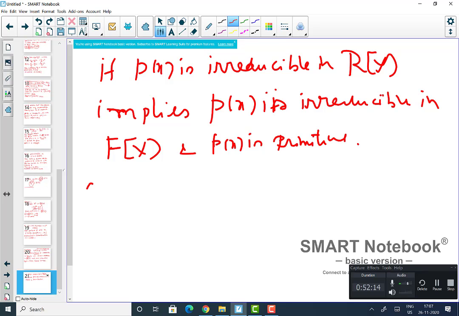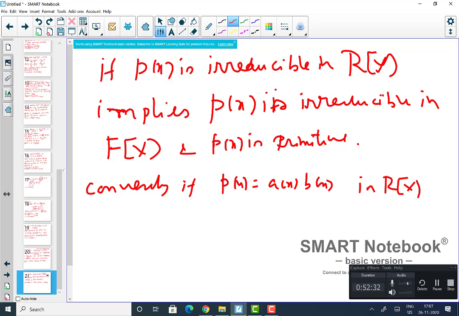Okay, conversely, if p(x) equal to a(x) b(x) is reducible in R[x], then this is also inside F[x], right?